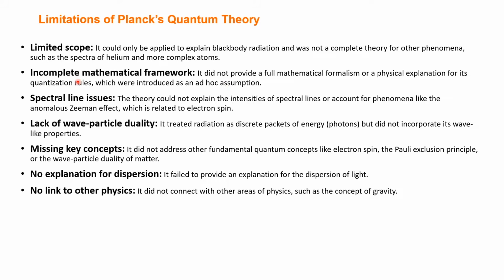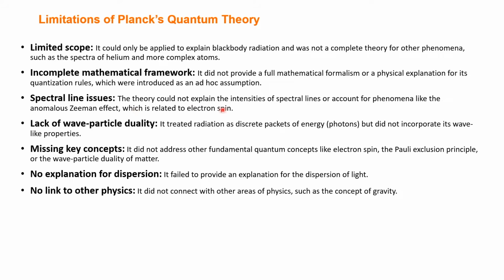Another limitation is that it is an incomplete mathematical framework. It did not provide a full fundamental formalism or a physical explanation for its quantization rules, which were introduced as an ad hoc assumption. So, it was the assumption that energies are quantized, but there was no mathematical formalism there.